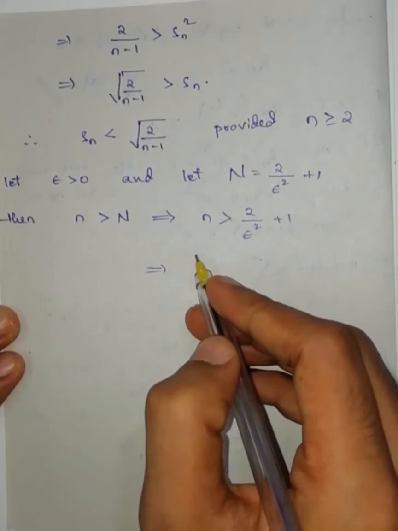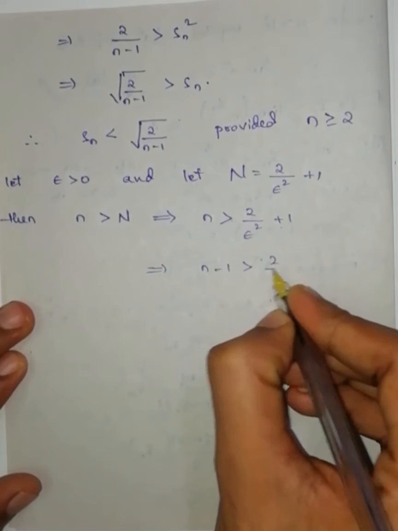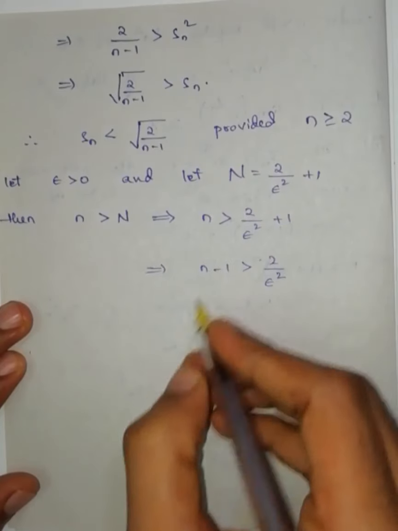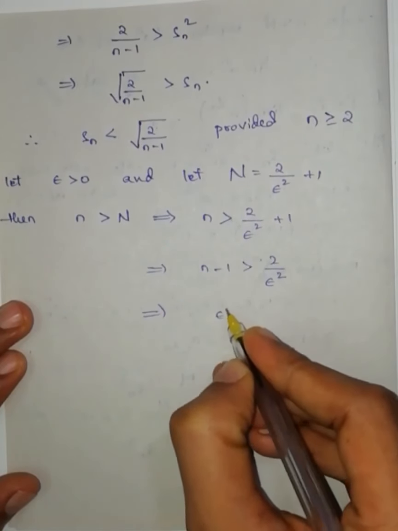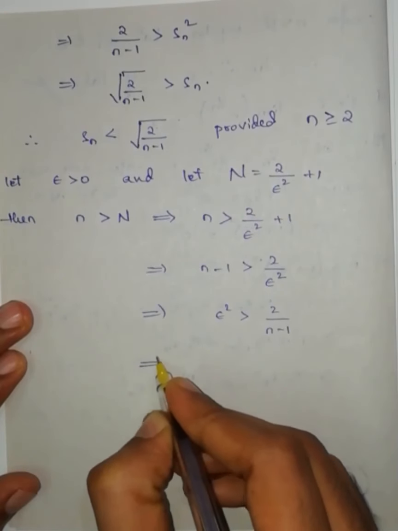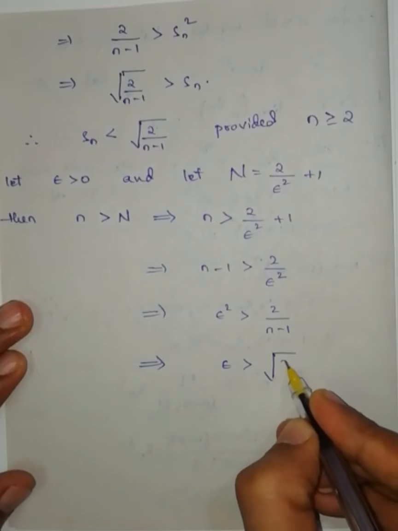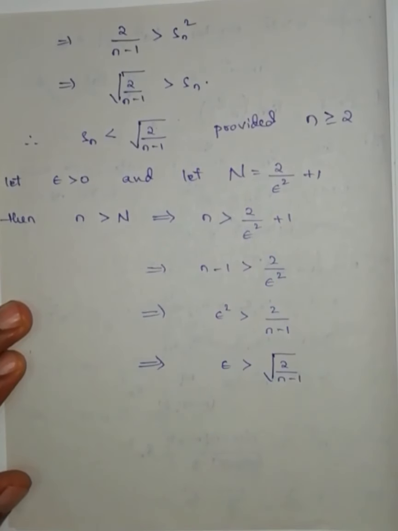This implies n minus 1 is greater than 2 by epsilon square. Cross multiply, we get epsilon square is greater than 2 by (n minus 1). Taking the square root on both sides, epsilon is greater than root of 2 by (n minus 1).